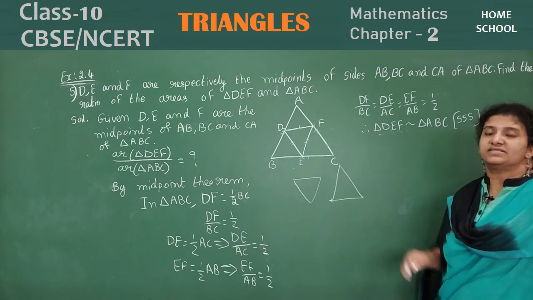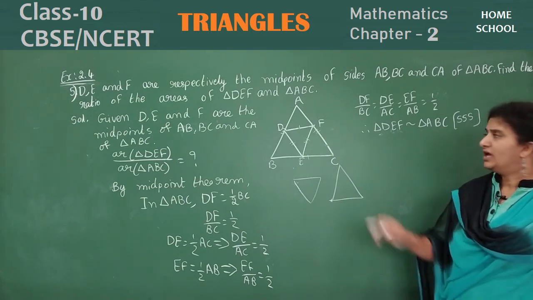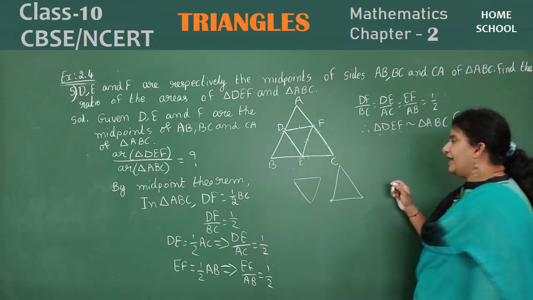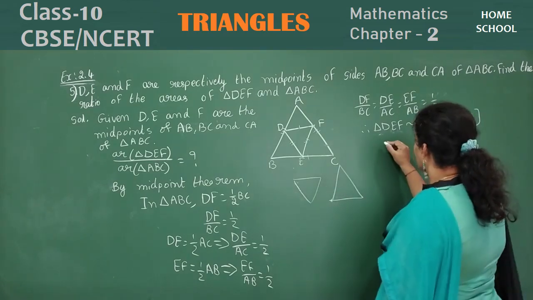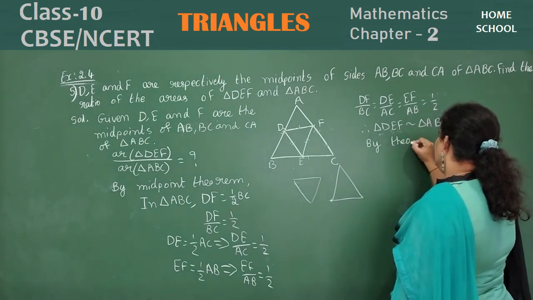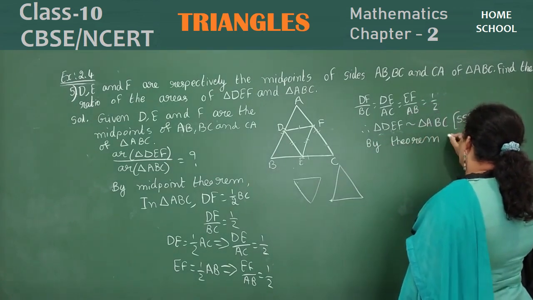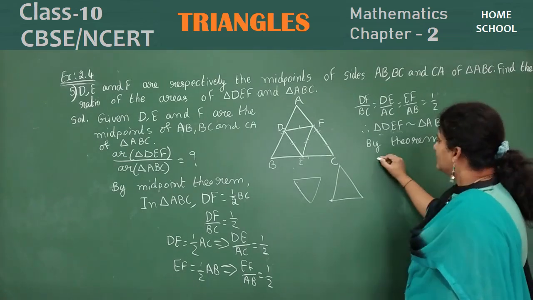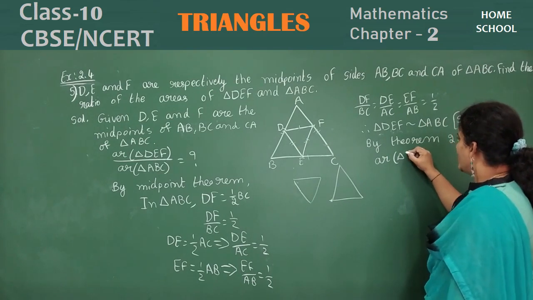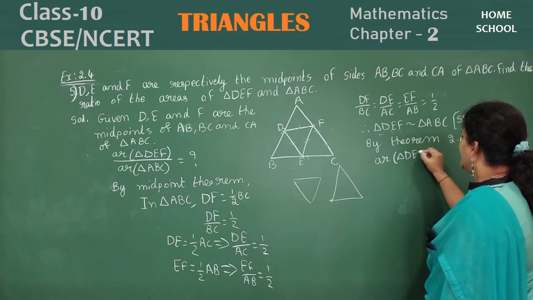If they are similar, what do I remember? If the two triangles are similar, I remember the theorem, areas of similar triangles. What is that? By theorem 2.6, I can write it as area of triangle DEF.